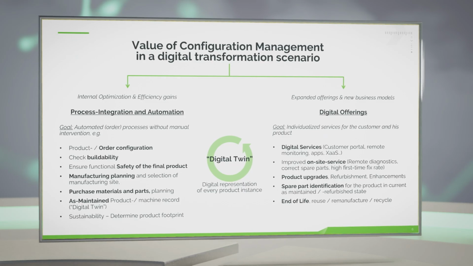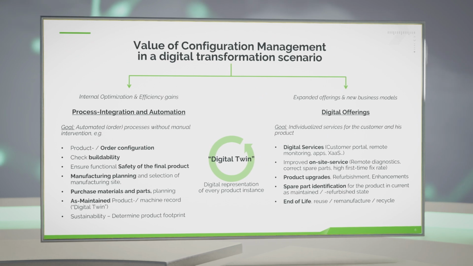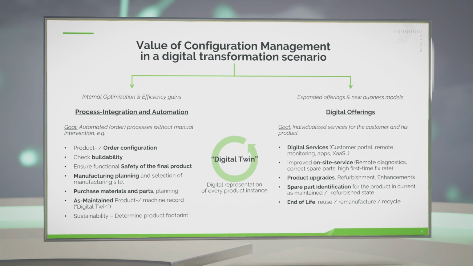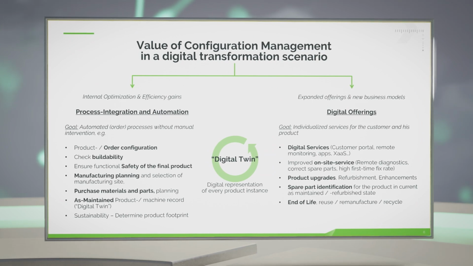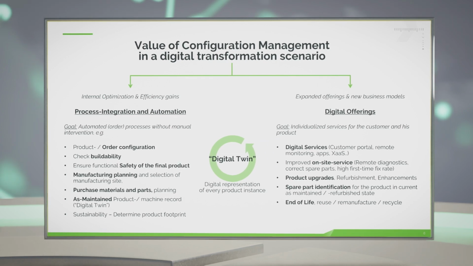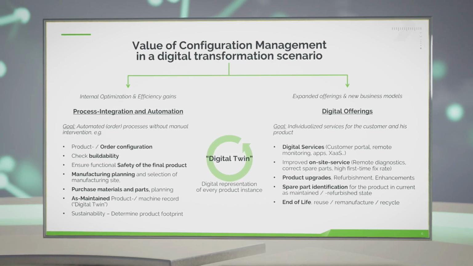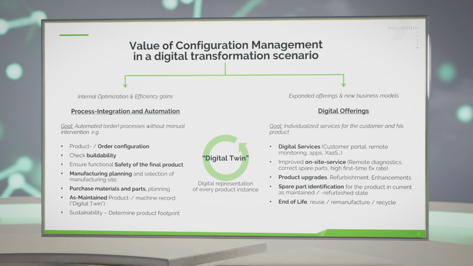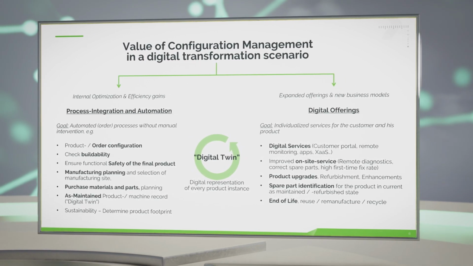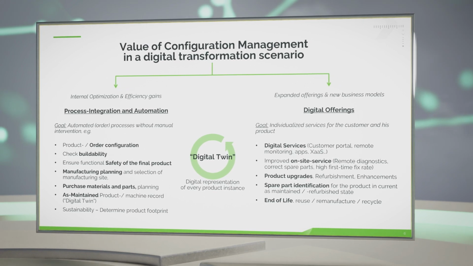So my claim is that configuration management is a core capability that you need to have as a basis for digital transformation. So why should you? The first thing is, digital transformation means integrating all your processes, having them flow more smoothly through your organization to gain those internal operational and efficiency gains.